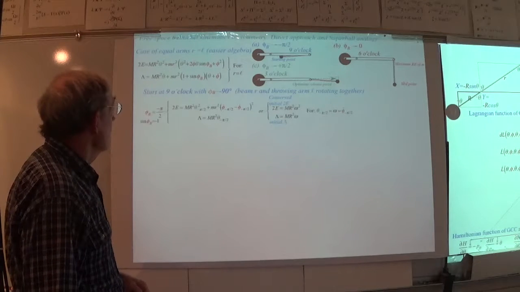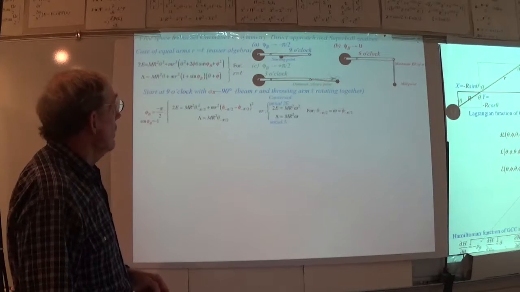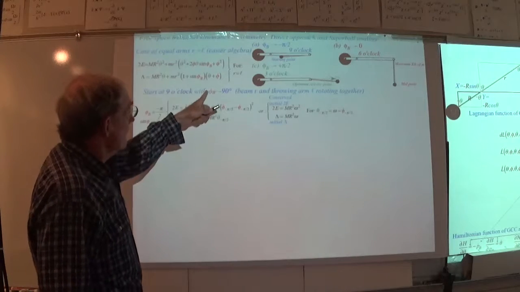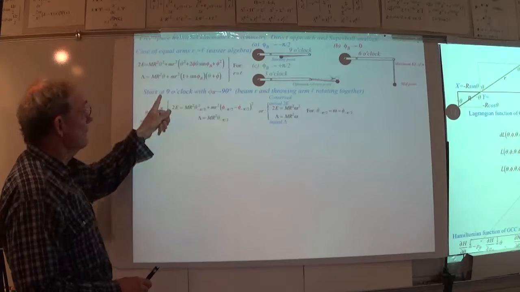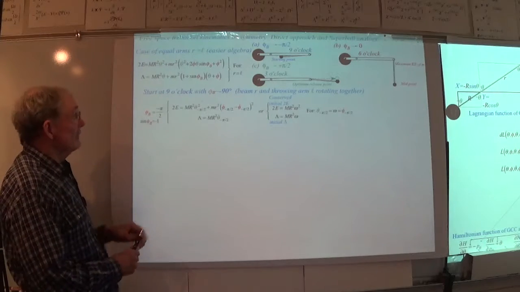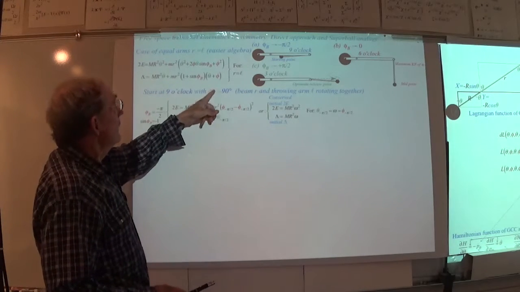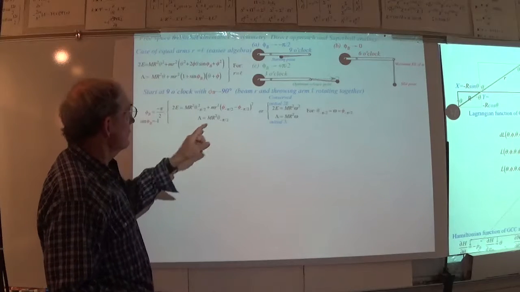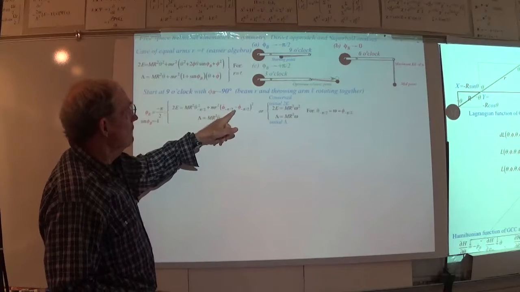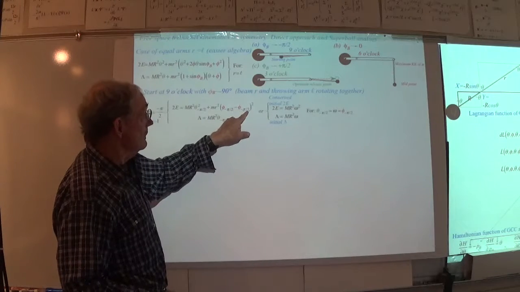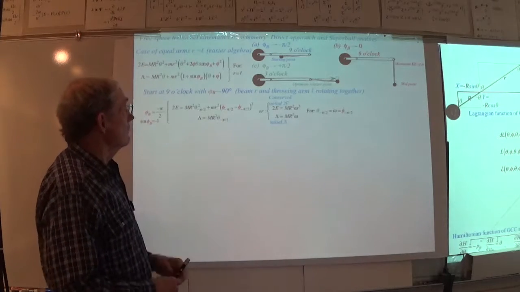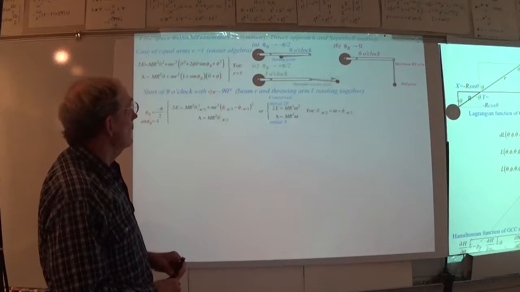And let's look here, first of all, at phi b nearly equal to minus 90 degrees. That's the 9 o'clock position. And stuff that value into this equation here. So whatever the velocity is at this particular point, minus pi over 2, that's what we're talking about here.